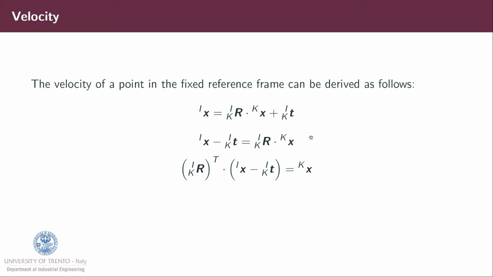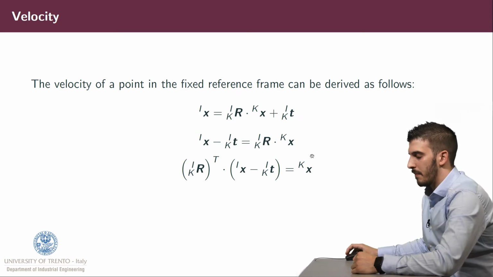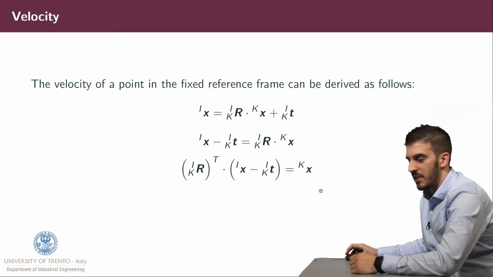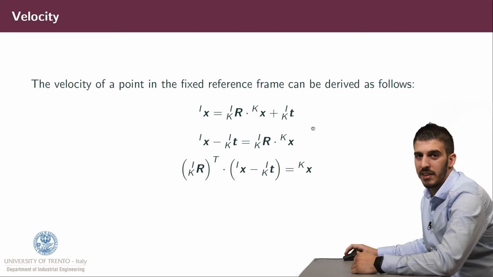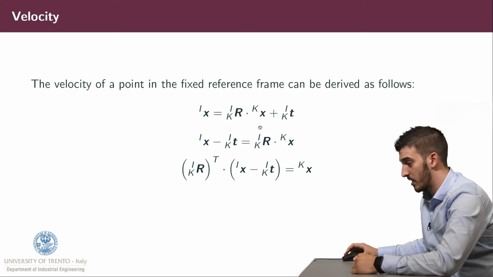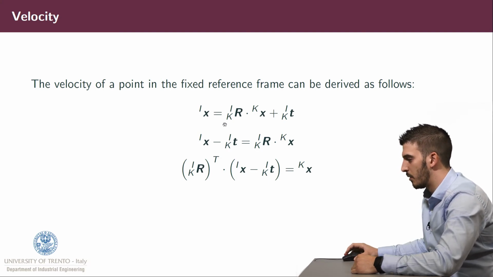So we can define the velocity. To derive the velocity, we have to express the vector x in the reference frame k by manipulating the first expression.